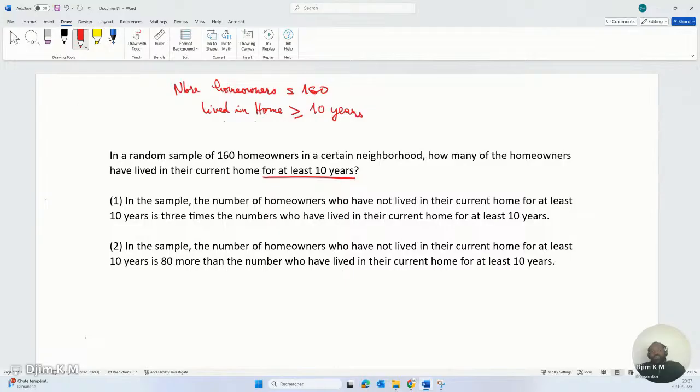Okay, so let's say x is equal to lived at least 10 years, y is lived less than 10 years.